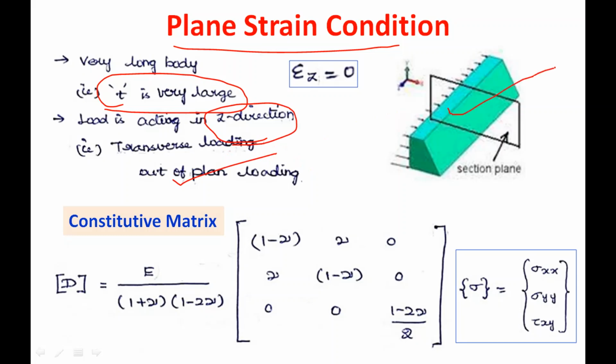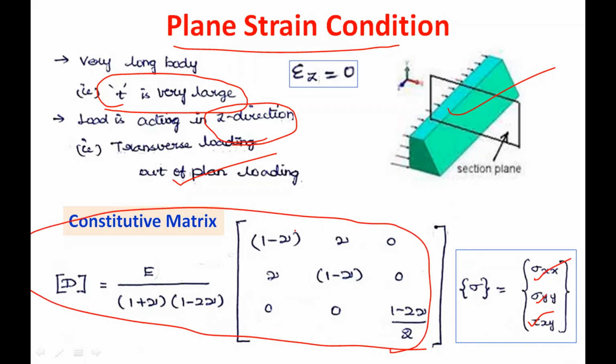The examples we discussed are a masonry dam and a pipeline in which fluid is passing. All these are examples of the plane strain condition. Here also we can solve for sigma x, sigma y, and tau xy using this constitutive matrix. So for plane stress and plane strain conditions, we have different constitutive matrices that we have to understand.